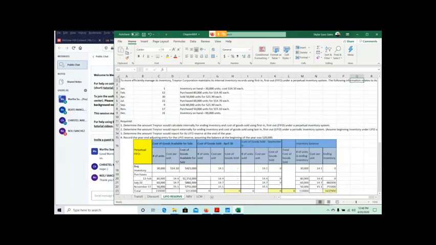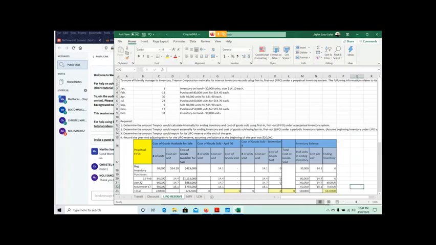Okay, the LIFO reserve. I just wanted to walk you through the LIFO reserve. I think the video did a pretty good job, but just to make sure. Basically, we need to calculate the inventory based on FIFO and then LIFO, and then assess the difference. So what is the LIFO reserve used for?